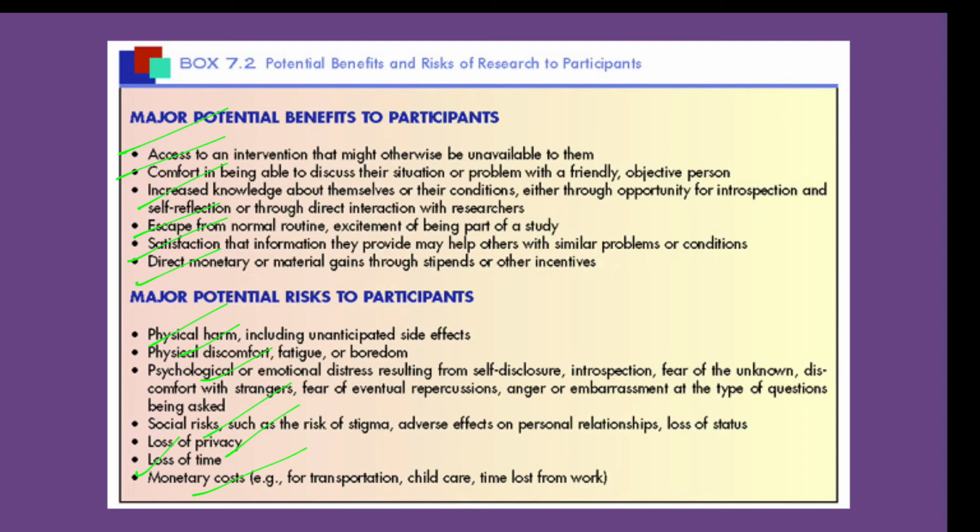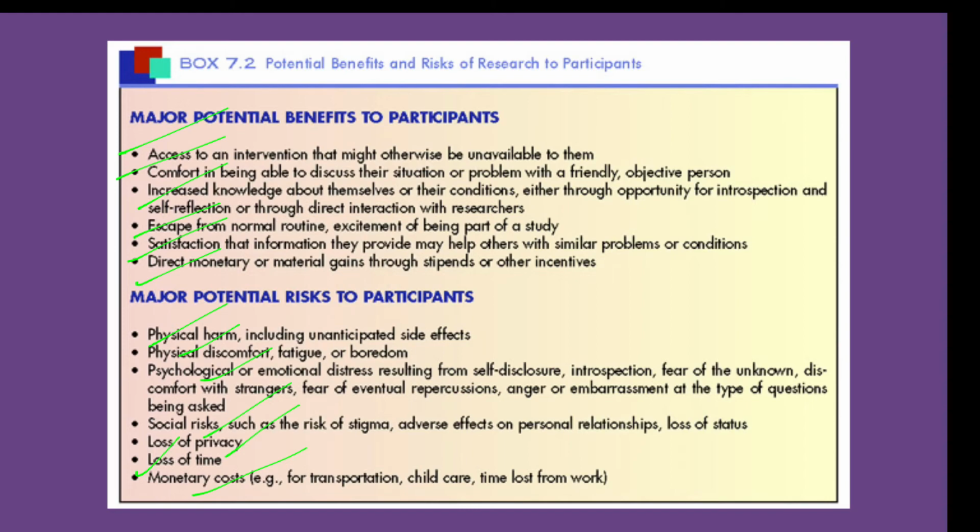So, again, what is important in relation to the benefits and risks of your research is that, one, you have to be able to put in your proposal, in your protocol, all of the potential benefits, honest and known benefits of the research to the participants and society.